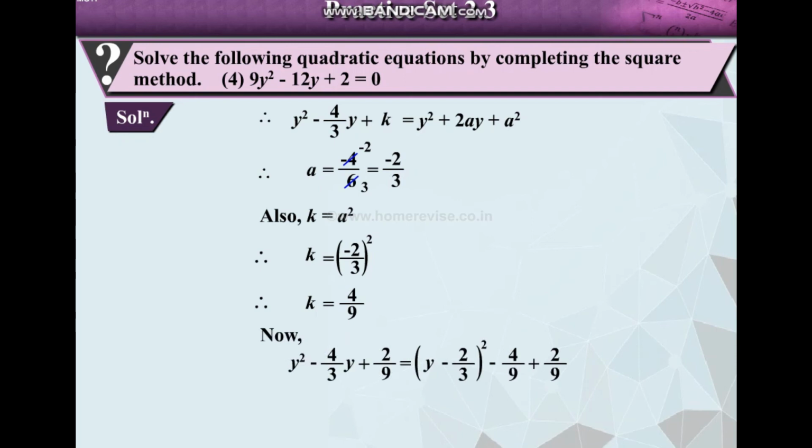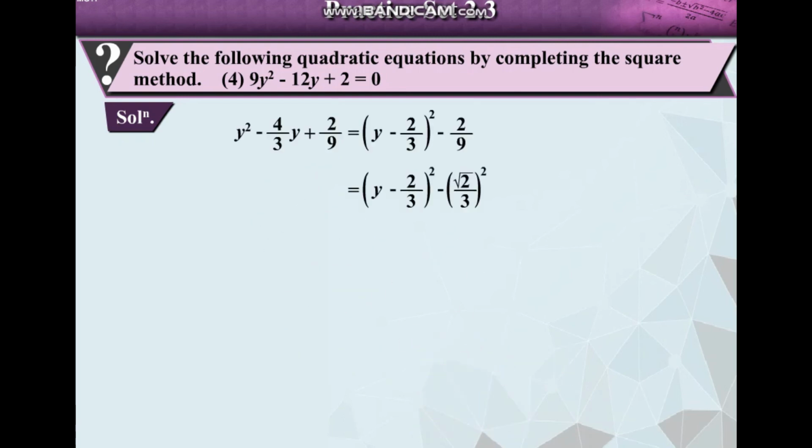Now, y square minus 4 upon 3y plus 2 upon 9, which is equal to y minus 2 upon 3 the whole square minus 4 upon 9 plus 2 upon 9, which is equal to y minus 2 upon 3 the whole square minus 2 upon 9, which is equal to y minus 2 upon 3 the whole square minus root 2 upon 3 the whole square.